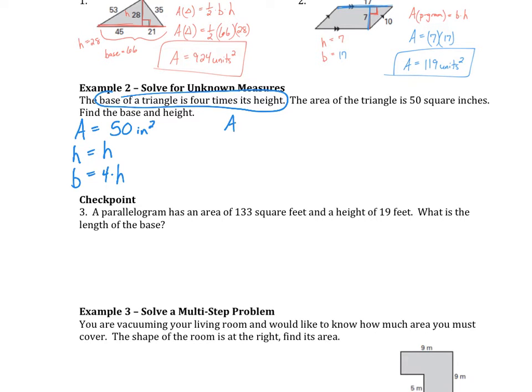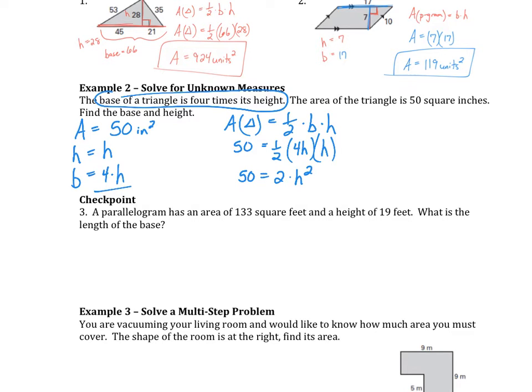So let's start with the area formula. The area of a triangle is 1/2 times the base times the height. So if the area is 50, we would say 50 equals 1/2 times the base, which is 4h, times the height, which is h. So we end up with 50 equals 1/2 times 4 is 2.